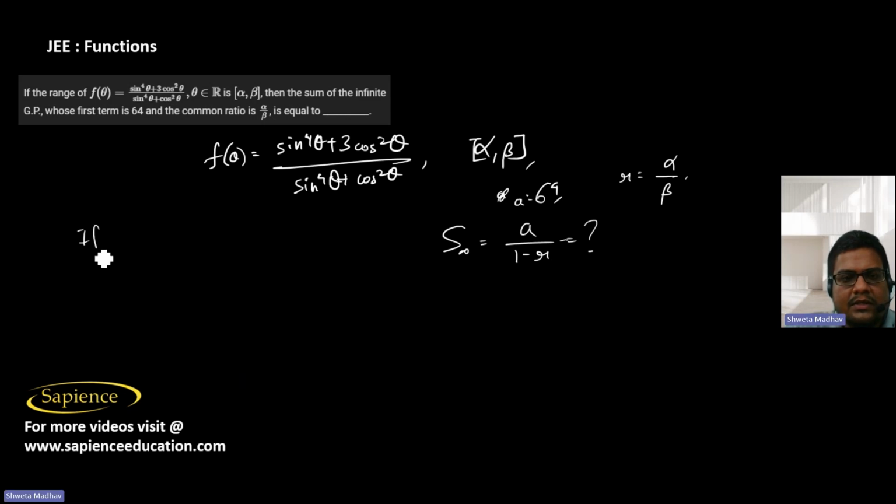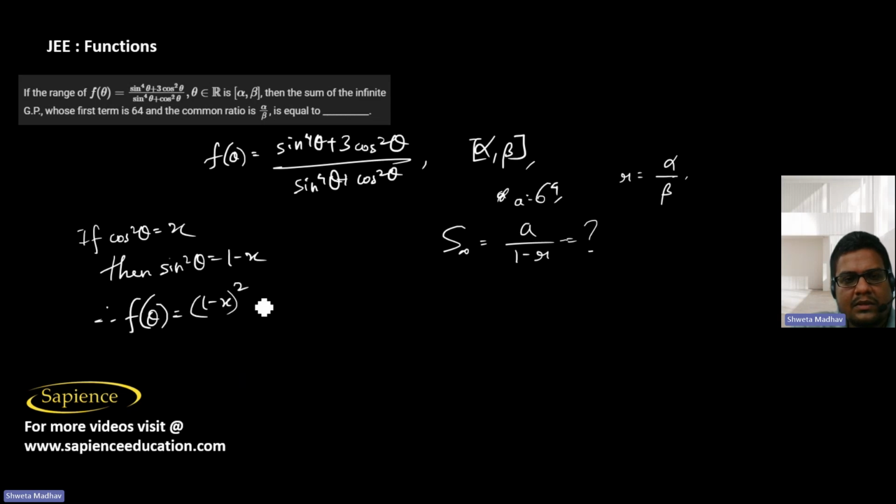Now if I take cos square theta as x, then sine square theta will be equal to 1 minus x. So now f of theta can be written as 1 minus x whole square plus 3x divided by 1 minus x whole square plus x.